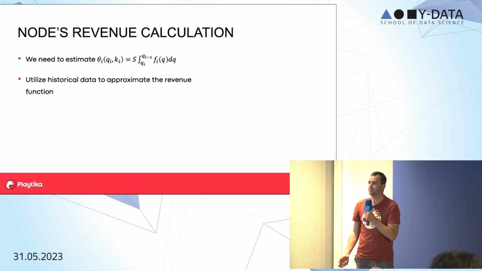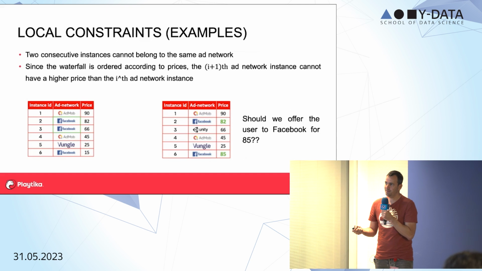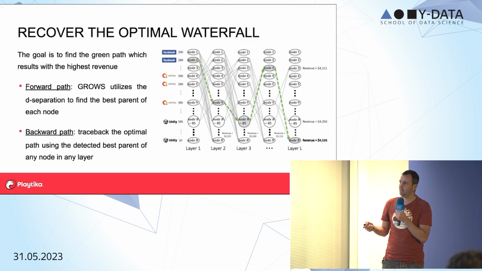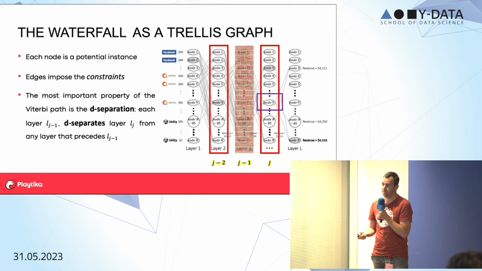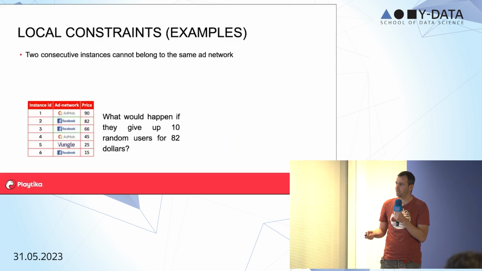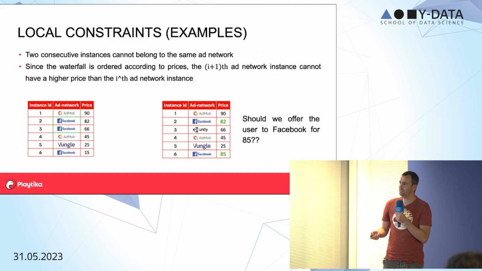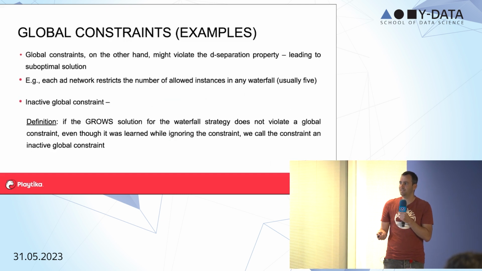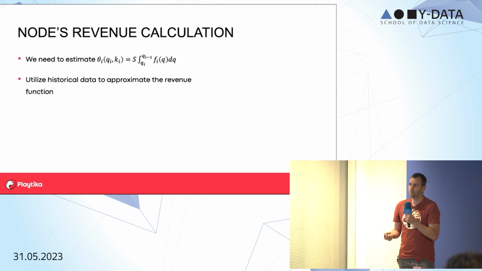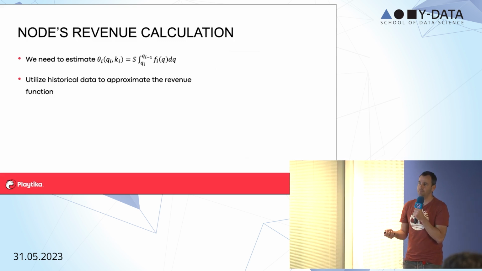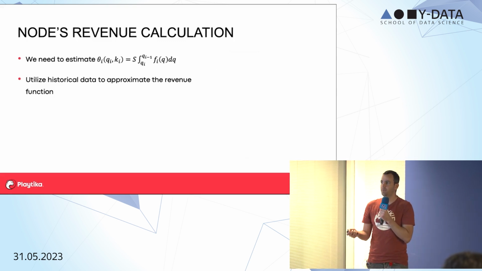Every time I talked about the trellis graph, I talked about revenue, but I didn't mention how we calculate this revenue for every node, of course. So we need to estimate theta of the ad network and the price.